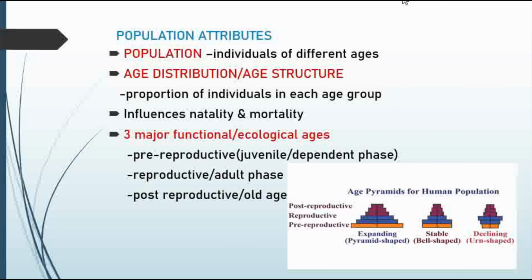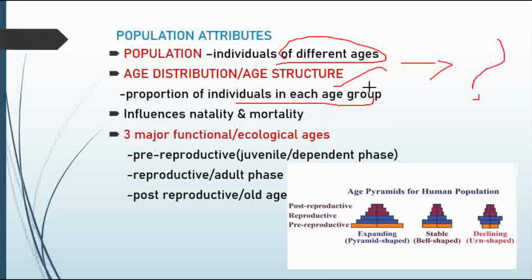And coming to age distribution or age structure, if you take a population, there will be individuals of different ages. So it is obvious, right, you will see individuals of many ages. What this age distribution or age structure means is the proportion of individuals in each age group.